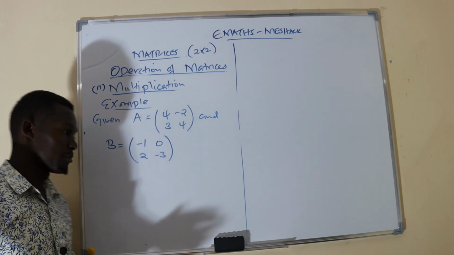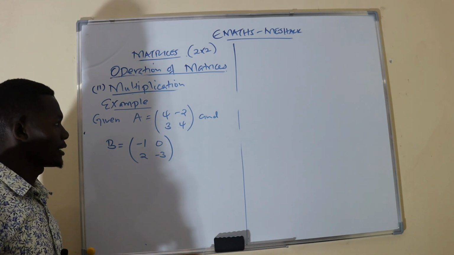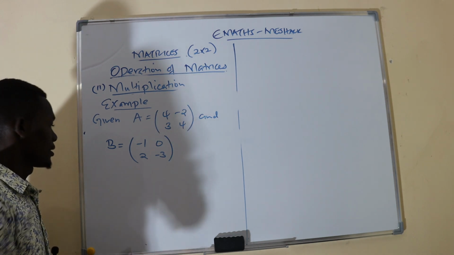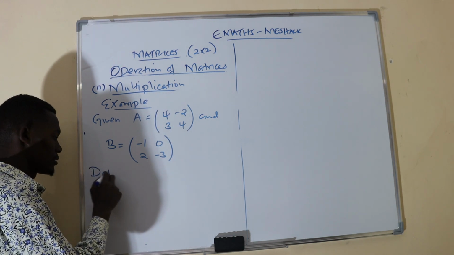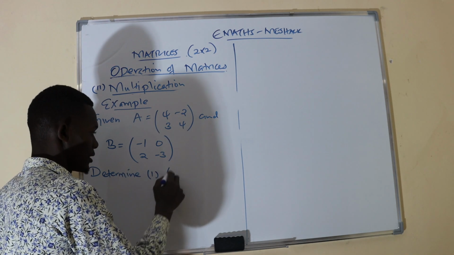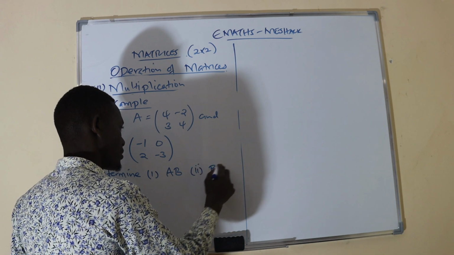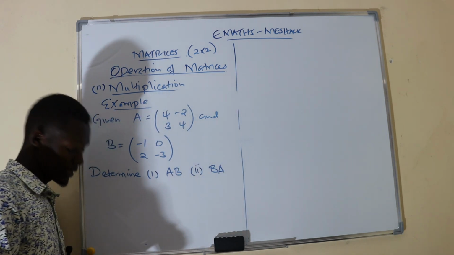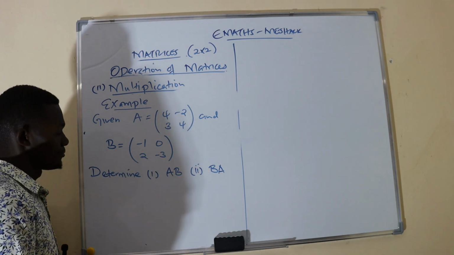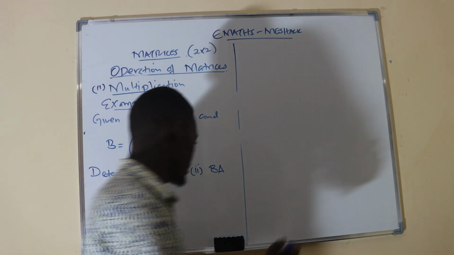I've chosen to just mix up the numbers so that I can really get it well. Now determine 1, AB, and 2, BA. So we have that. Therefore we can check the solution. Let me write it here.